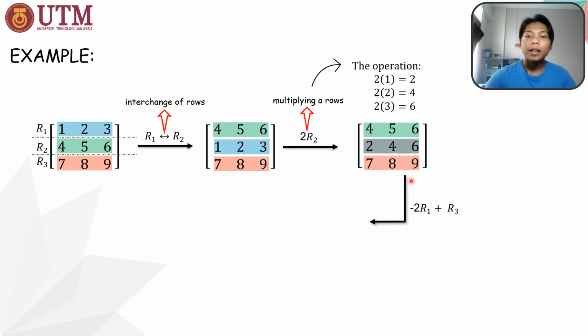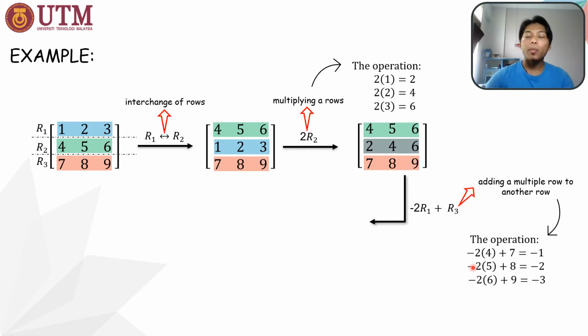So I put -2 on it, and I use a simple multiplying of a row, -2 times R1. This is called adding a multiple of a row to another row.